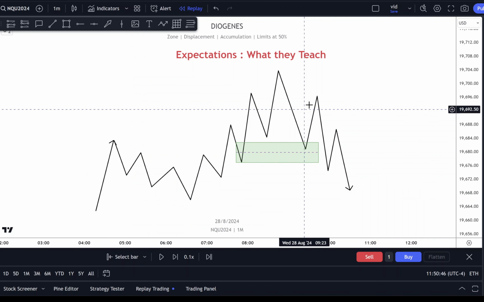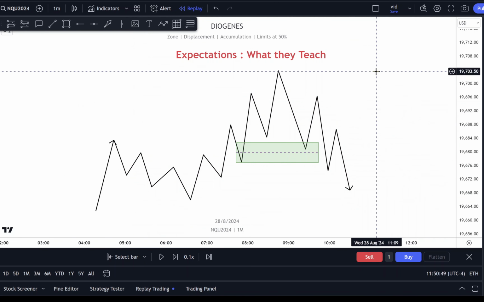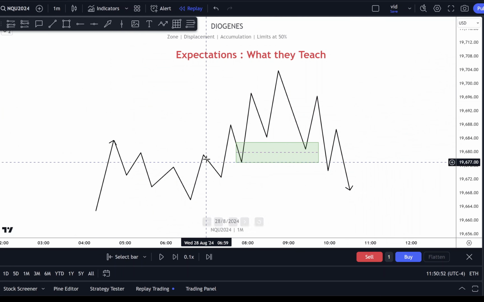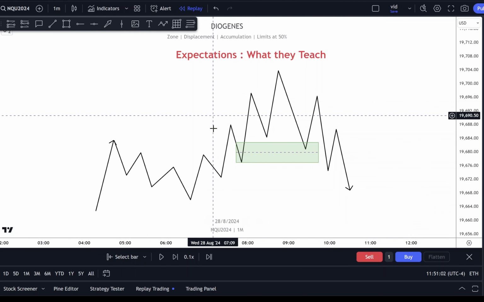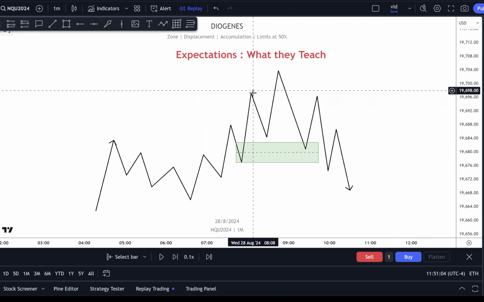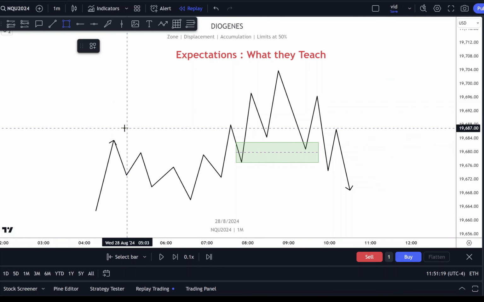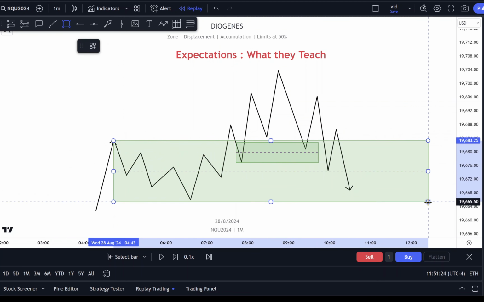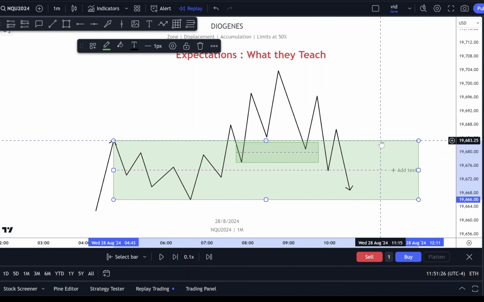Imagine this is the M1 chart. So the expectations, or what they teach you, is that we will start doing higher highs, respecting the 50% of each zone going up, and by price closing above this higher time frame high, we will get this higher time frame zone, right?